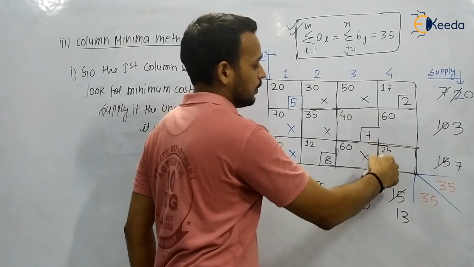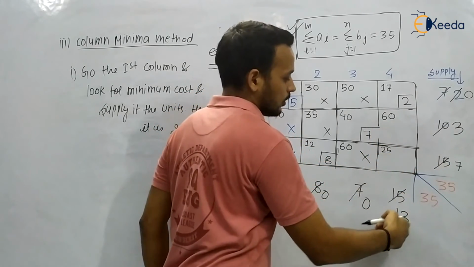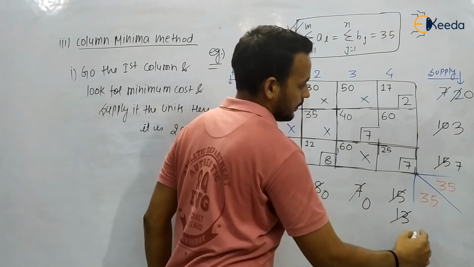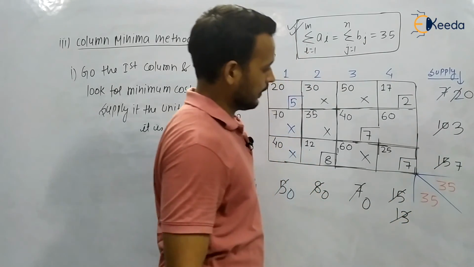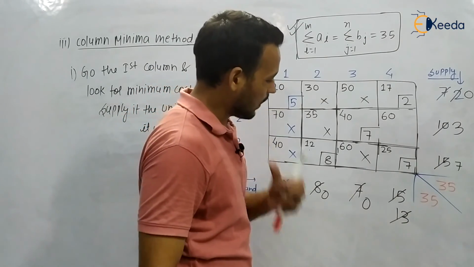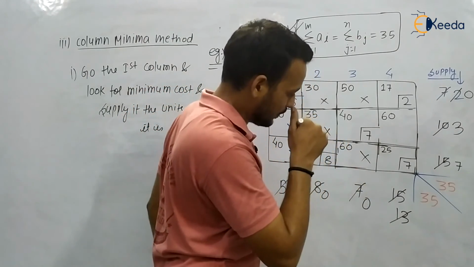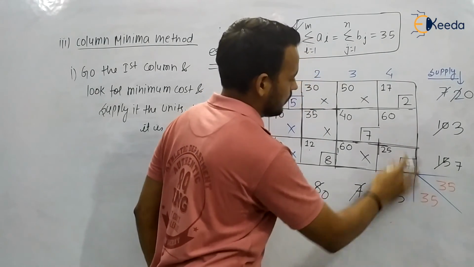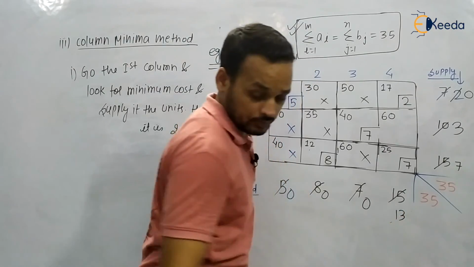Now look for the minimum. 25 is the minimum, it requires 13, but you have 7, so just give it 7. You will be remaining with 3.